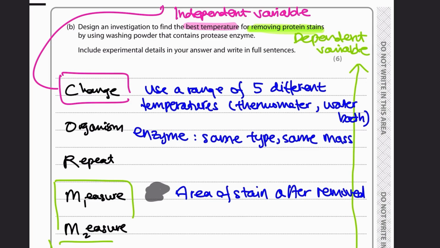What else can you measure? You can also measure the color of the stain. You have to think about what you're measuring about the stain: the darkness or paleness of the stain.